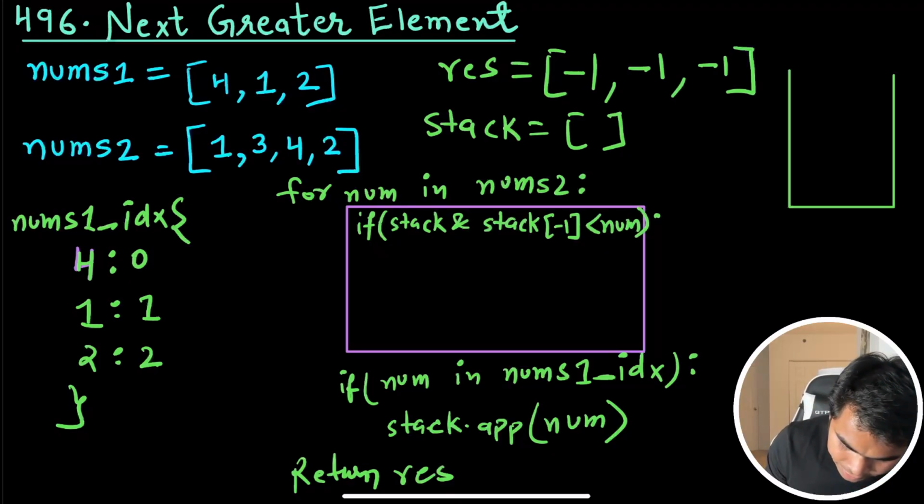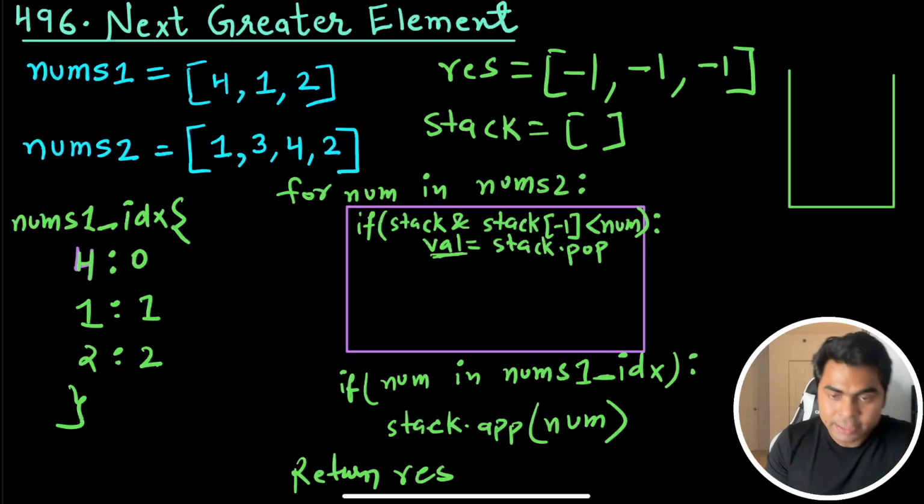If this is the case, then what I want to do is I want to pop that value from the stack. So stack dot pop. The reason I'm popping is because I'm going to process the next greater element for this value. I'll be done with it. So I don't want it in my stack anymore.